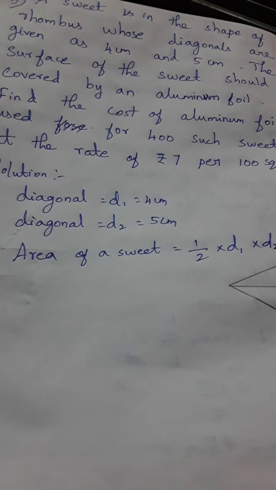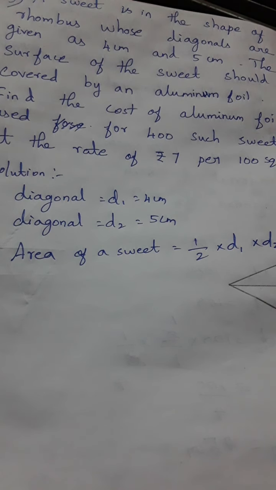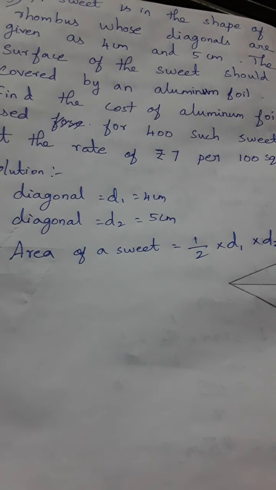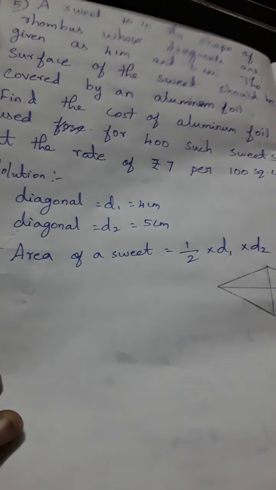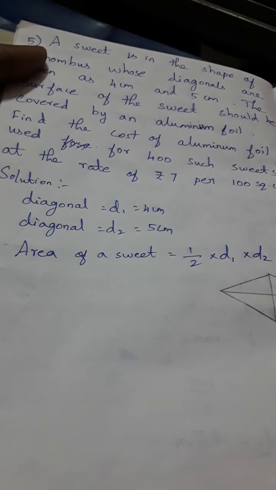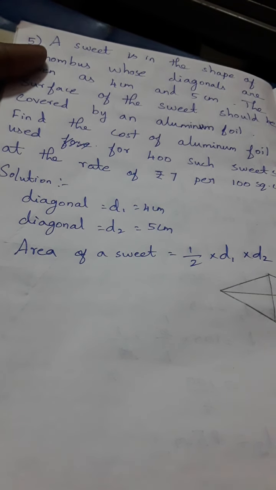So what is given here? One sweet is in the shape of a rhombus, the diagonals are given, and it is covered by aluminium foil. We have to find the cost for 400 sweets.